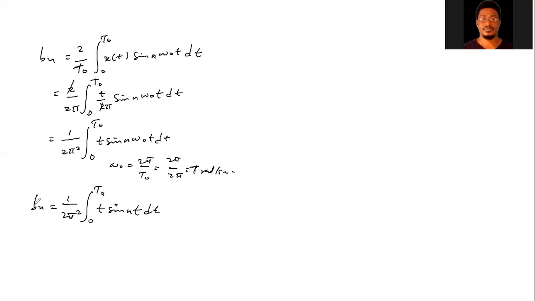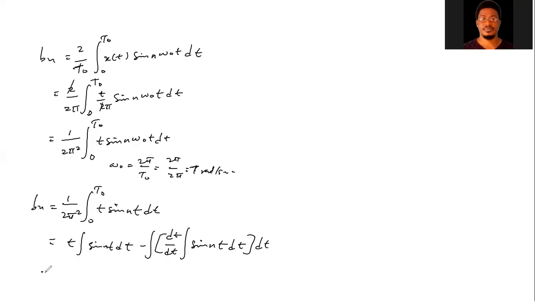So once again, we can resolve this using integration by parts. And then we now have t integral sin nt dt minus integral dt integral sin nt dt.